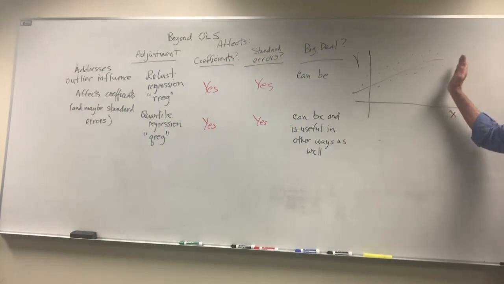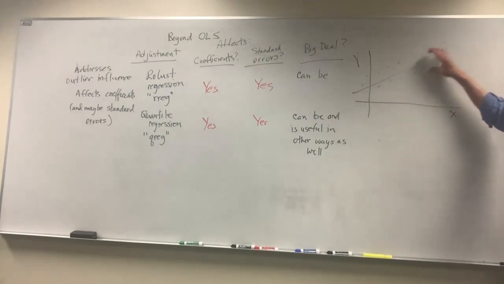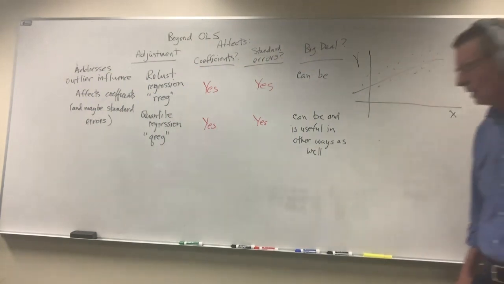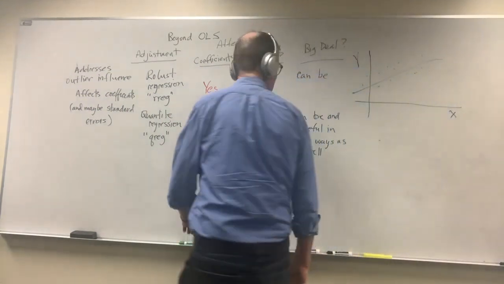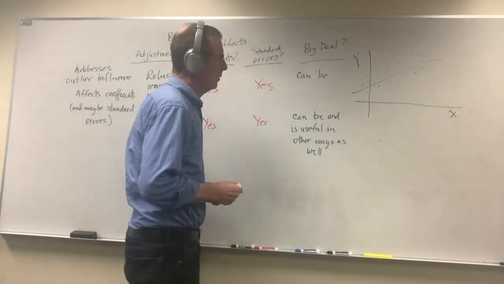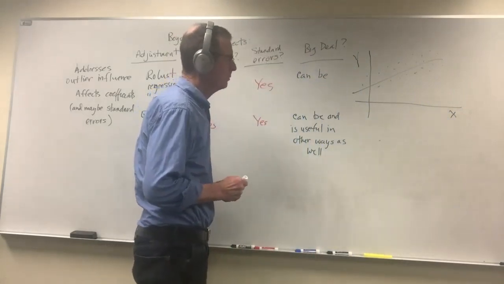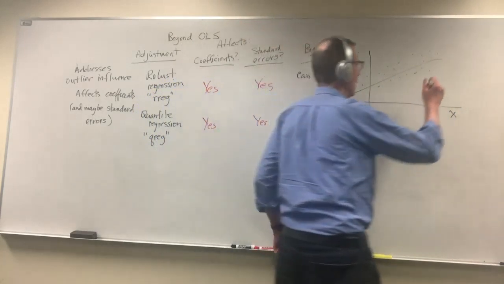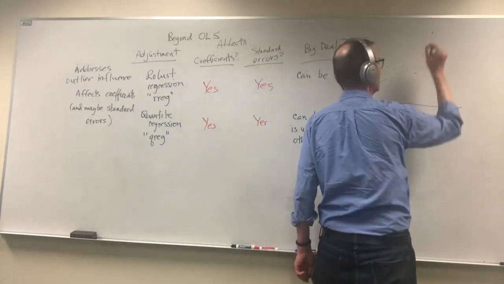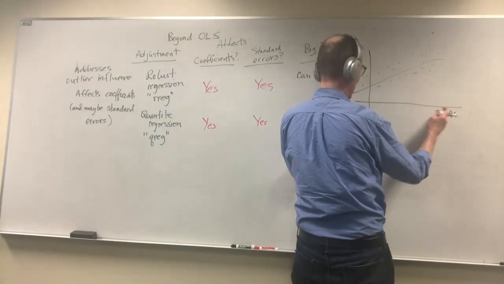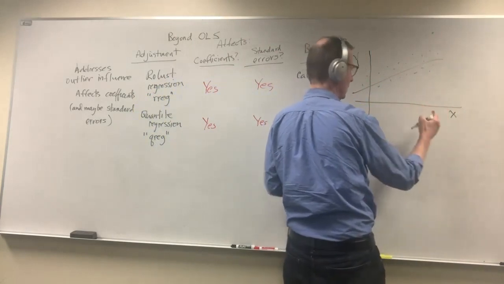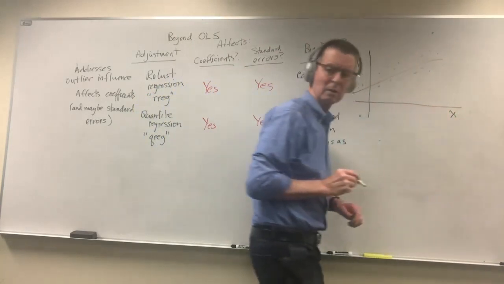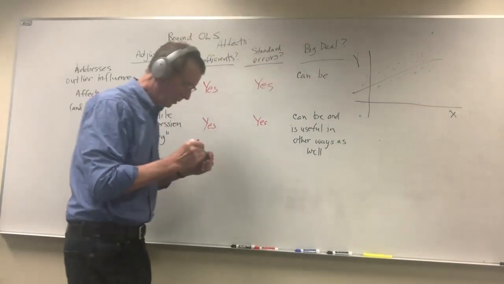Again, typically OLS is assuming homoscedasticity, a constant variance. And we've talked earlier about the potential influence of outliers, especially outliers that are at the extremes of the independent variable.